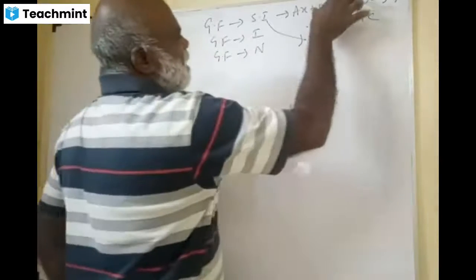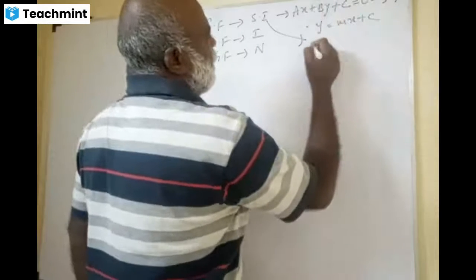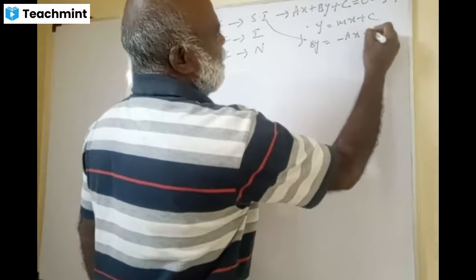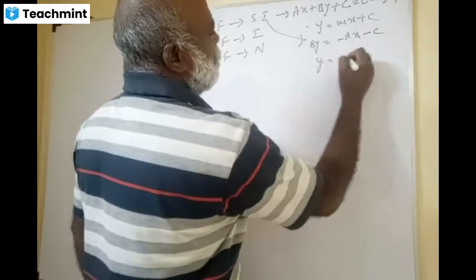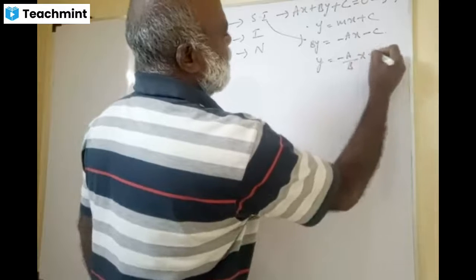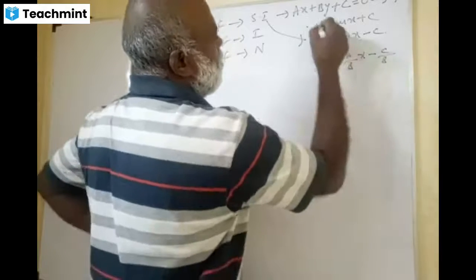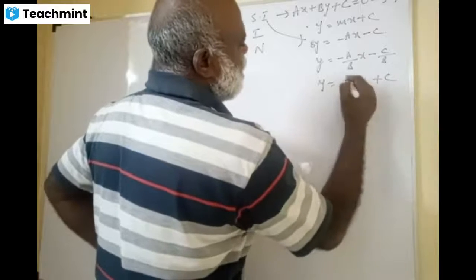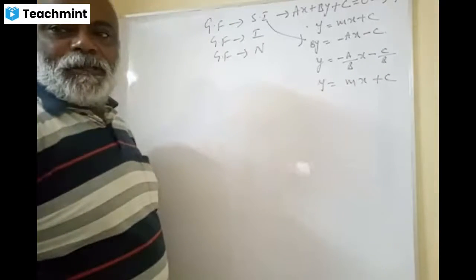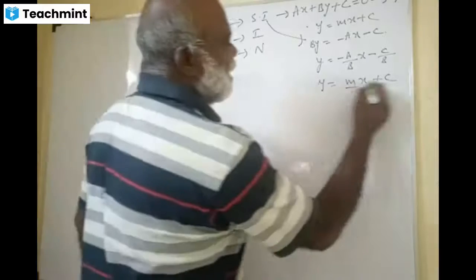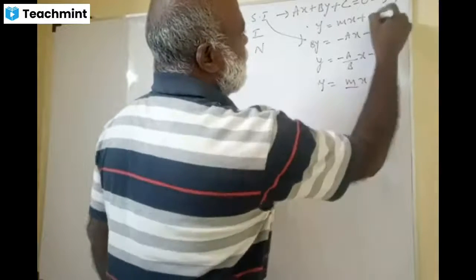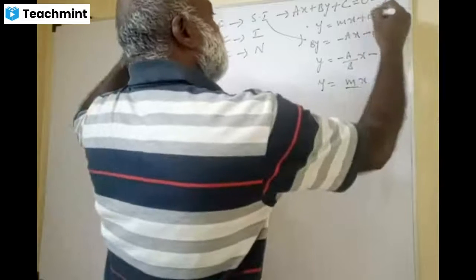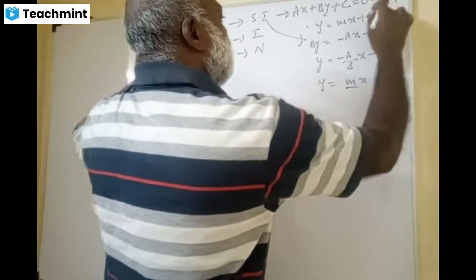So in the equation, By equals minus Ax minus C, y equals minus A by B x minus C by B. Now you compare this with y equal to mx plus c. We are expressing our m and c in terms of A, B, C. This is small c and this is big C. Be careful about this.